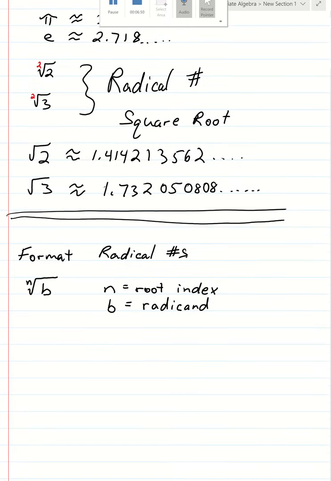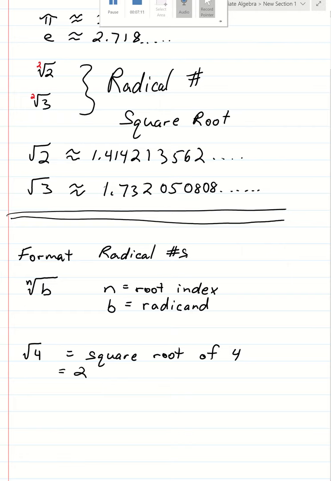So if we were to talk about, let's say, the square root of 4, this means the square root of 4. And the square root of 4 actually has a numerical value of 2, okay?